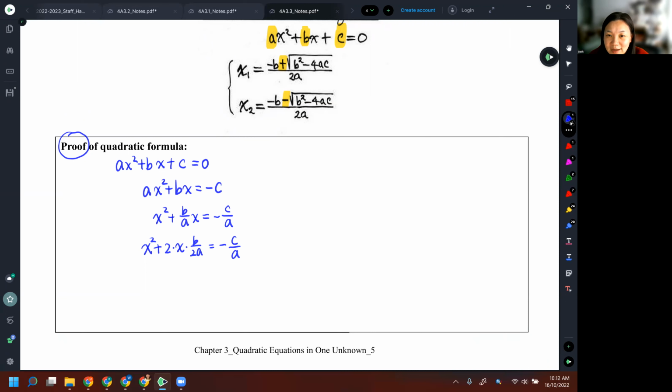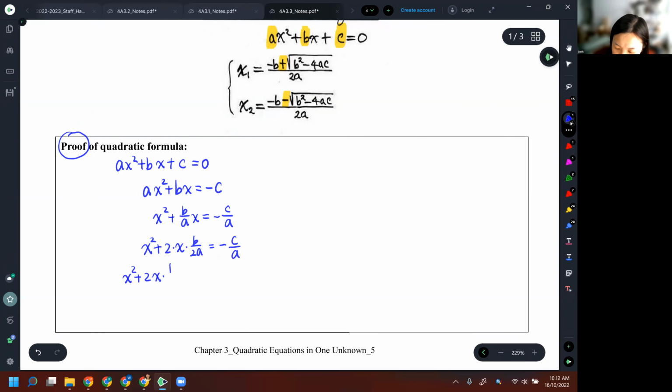This is because I have some other things planned. In the next step, I'm going to add a term on the left. That is b over 2a squared. To balance the equation, I will add the same thing to the right.